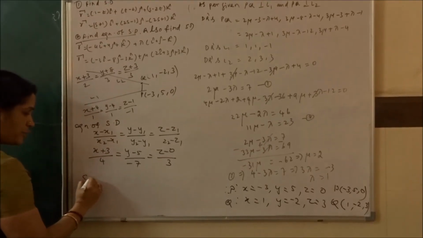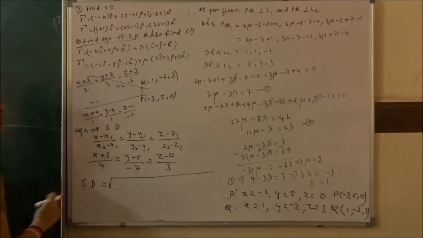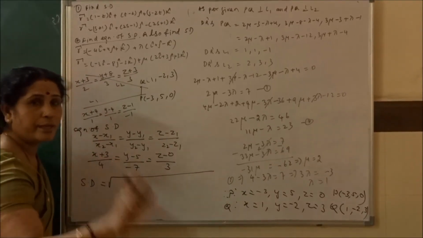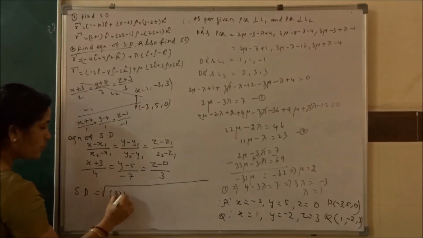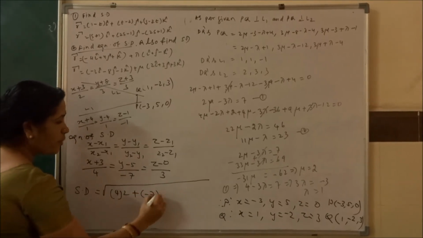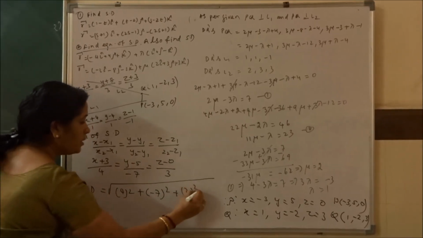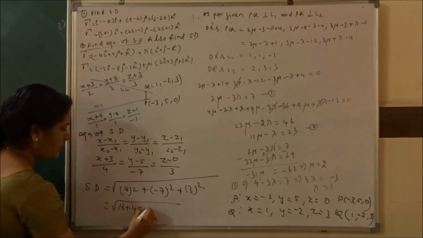Now we need the SD, that is the distance between 2 points, P and Q. Clear? So no need of using the SD formula here. Now this minus this, you have 4 square, am I correct? This is x2 minus x1, plus minus 7 square, and then plus 3 square. Now that is equal to under root of 16 plus 49 plus 9.